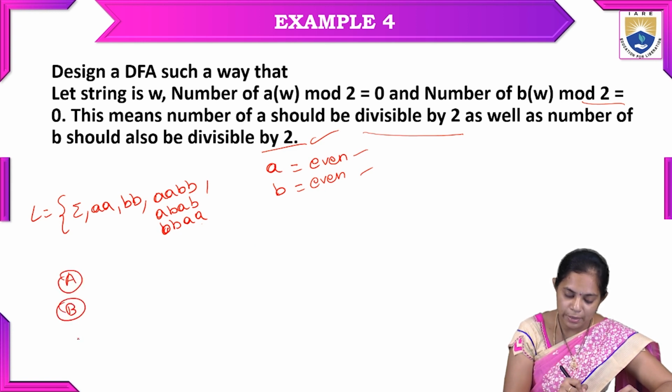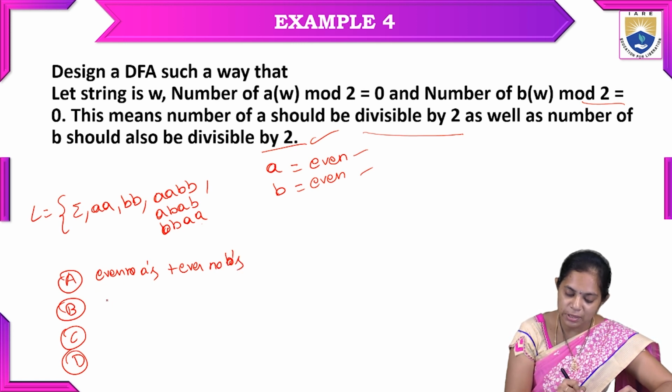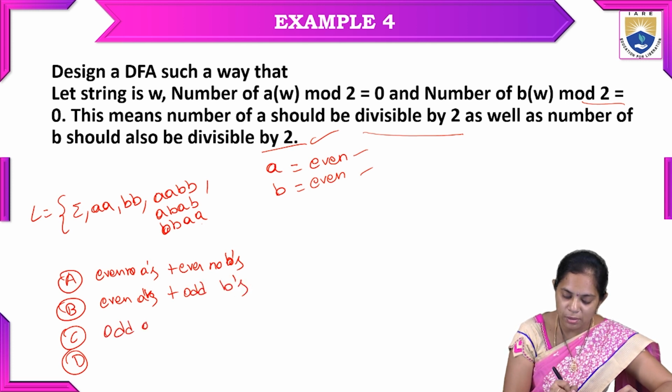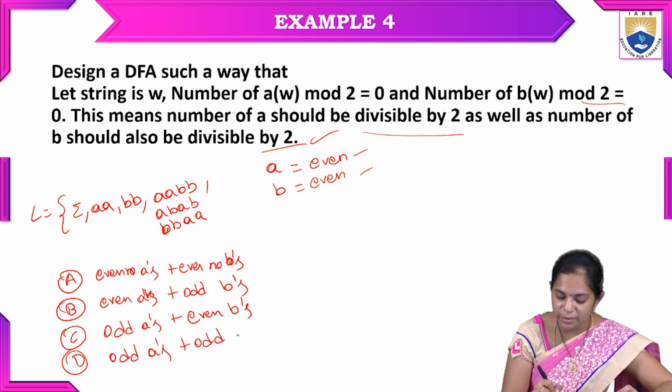So A, B, C, D. A represents even number of A's plus even number of B's, and B represents even number of A's and odd number of B's, and one more case, odd number of A's plus even number of B's, and odd number of A's plus odd number of B's.